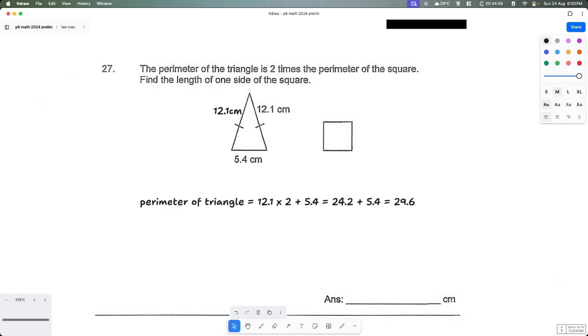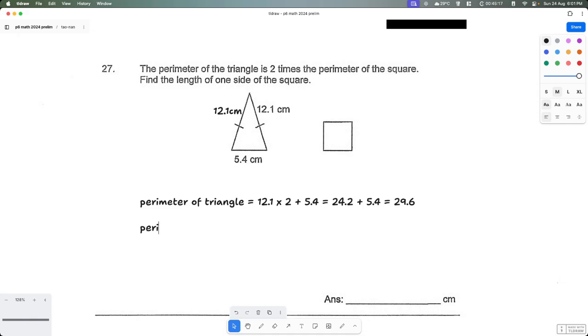In this case, let's double confirm. 12.1 plus 12.1 is 24.2, plus 5.4 is 29.6. Okay, all right. So then the perimeter, so one side of the square.